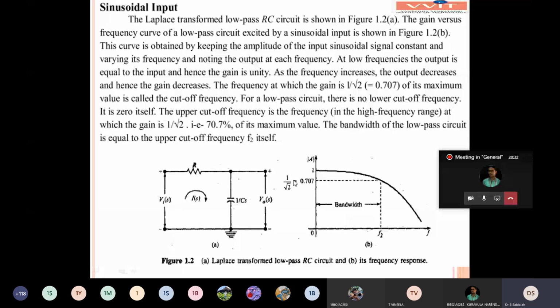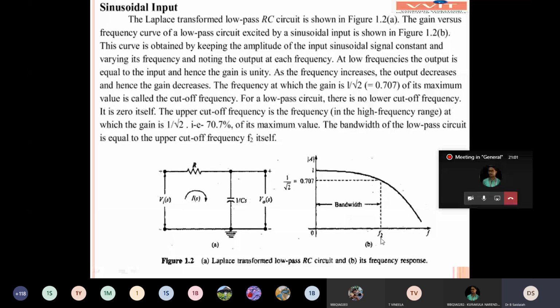Here the maximum gain is 1, so 1 by root 2 equals 0.707, or 70.7% of the maximum value of the gain. So on this curve, at the point f equal to f2, the gain equals 1 by root 2 times the maximum value.